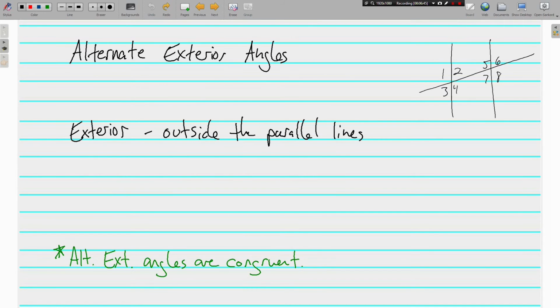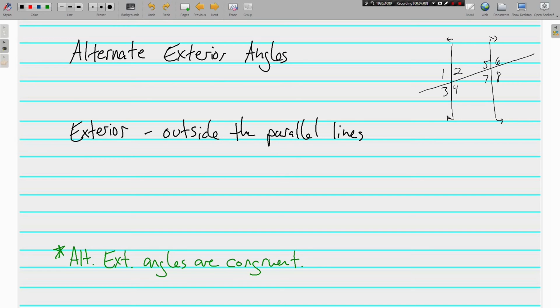Our next angle relationship are alternate exterior angles. Alternate, we already know, means opposite sides of the transversal, but this time we're dealing with exterior. That's going to mean outside the parallel lines, this way from the parallel lines.